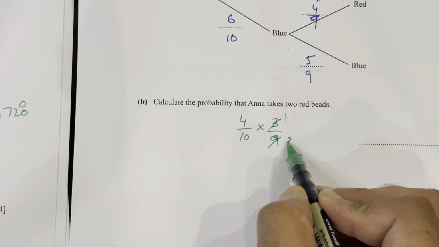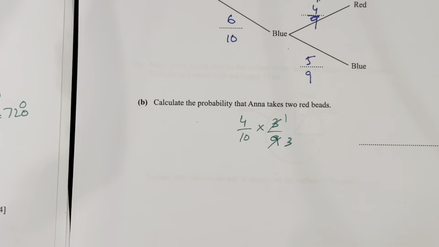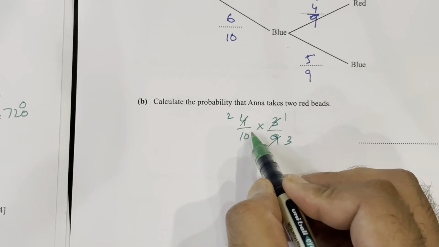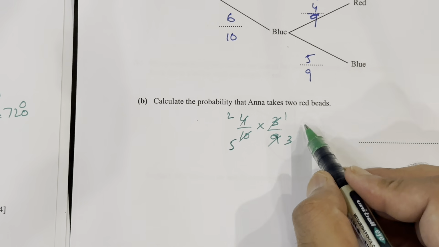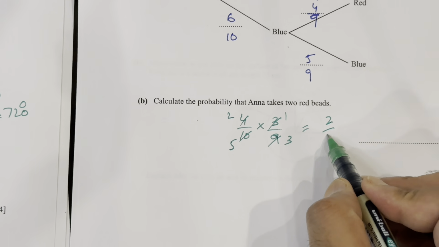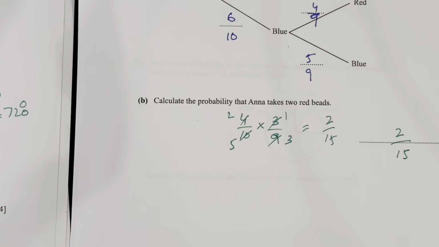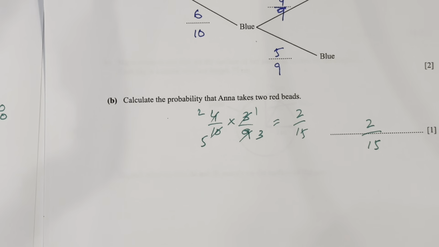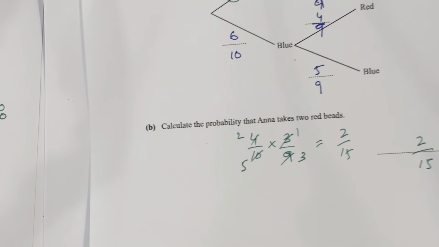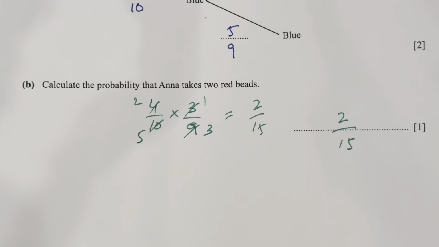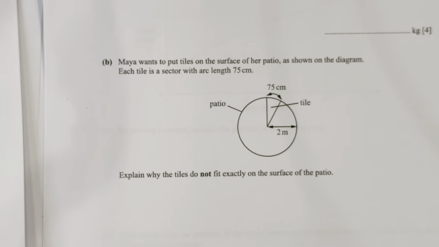It's 1 by 3, so 2 by 5. So answer would be 2 by 15. Even if you don't write the answer by solving, you can write answer 12 by 90, you will be given full marks. Or you can simplify it to 2 by 15 just like I have done.